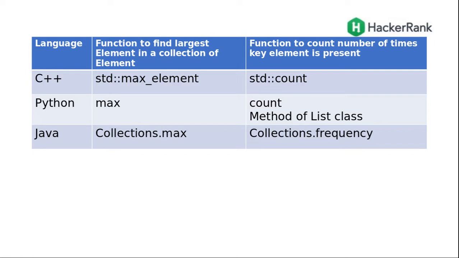Similarly, we also have the count algorithm, which returns the number of times the key element is present in the array. If you want to work with Python, we do have a built-in max method, which takes the list as an argument and returns the largest element. And then the count method, which is a part of the list class, can be used to find the number of times the key element is present.